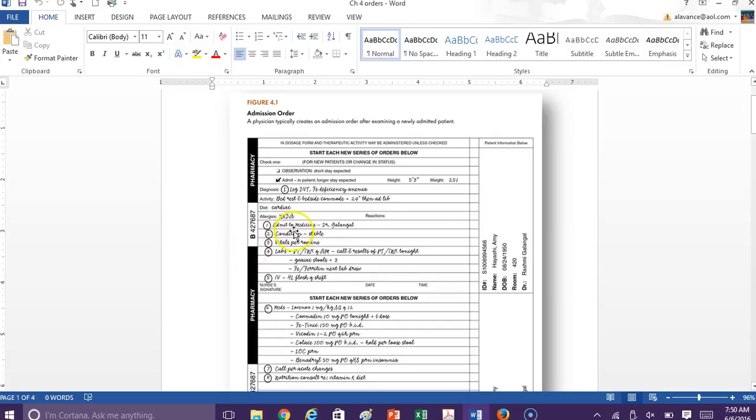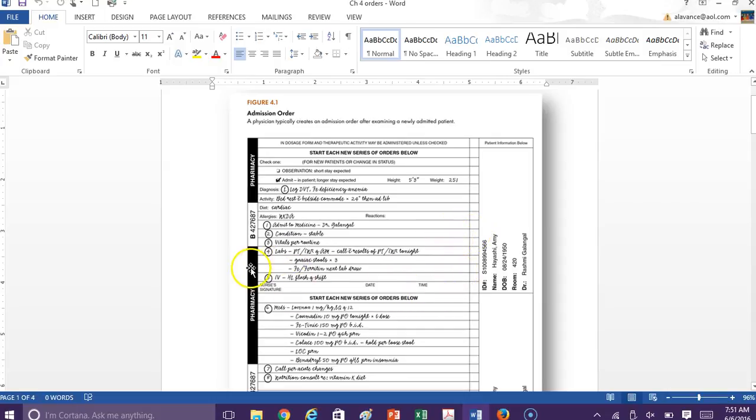Continuing on with the order, they're being admitted to the medicine floor, or what we usually refer to as med-surg, by Dr. Gyllenhaal. I can't read it. Their condition is stable. Their vitals have been ordered, so the nurse is going to check their blood pressure, temperature and pulse rate per the hospital protocol routine.